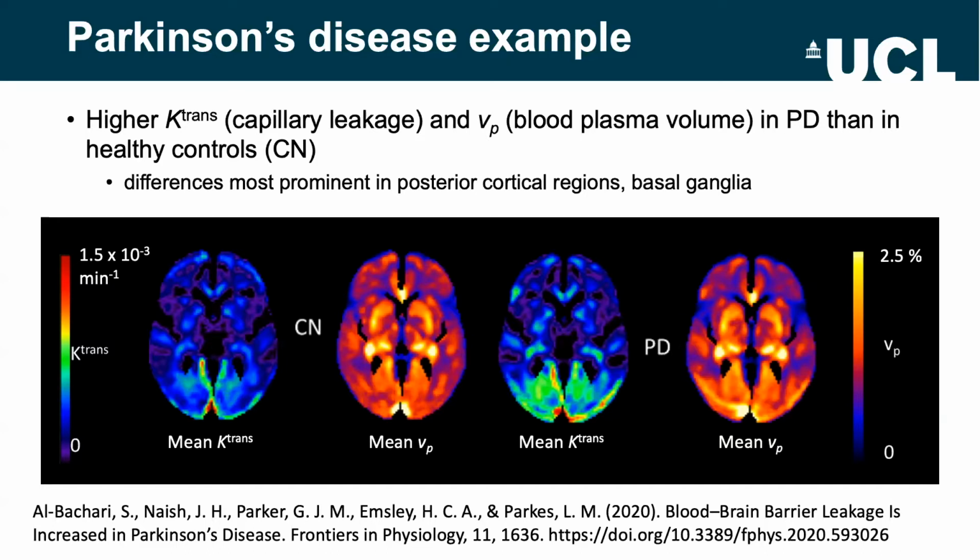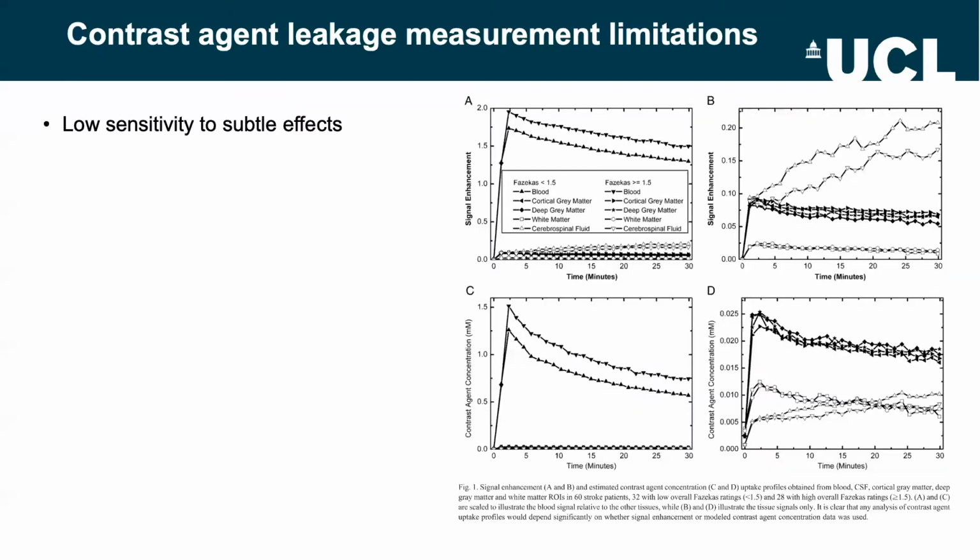So that's great. We can use contrast agent in certain settings to help us understand what's going on in various neurological conditions in terms of blood-brain barrier breakdown. But as I've mentioned before, it is relatively low contrast to noise as a measurement and therefore insensitive.